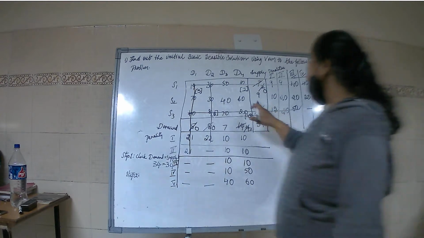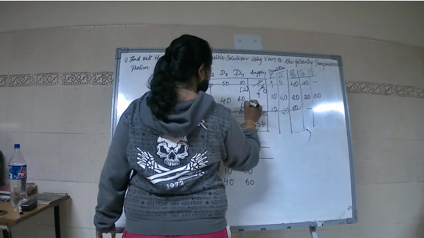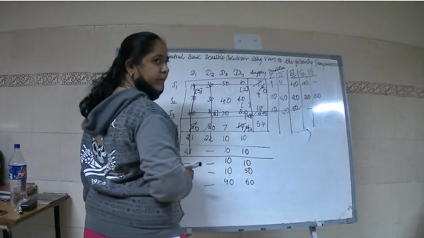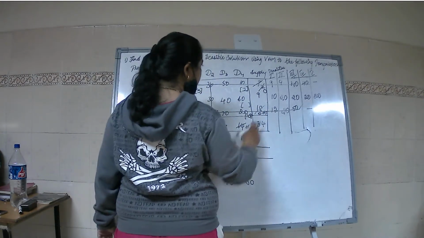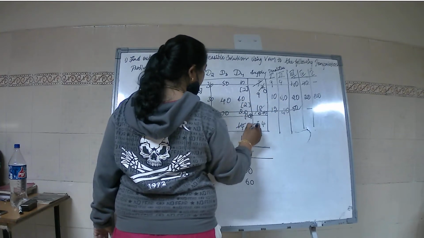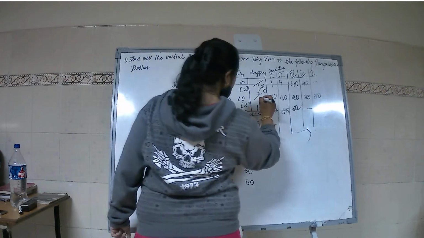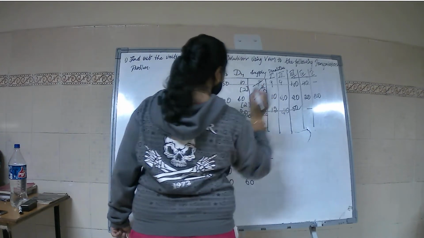Okay, now in these penalties, 60 is the highest penalty. Because there is only one value left, I put the allocation for this value, 60. Okay students, now demand is 2, supply is 9. So I'll take the minimum value, this becomes 0 and this will be 7.